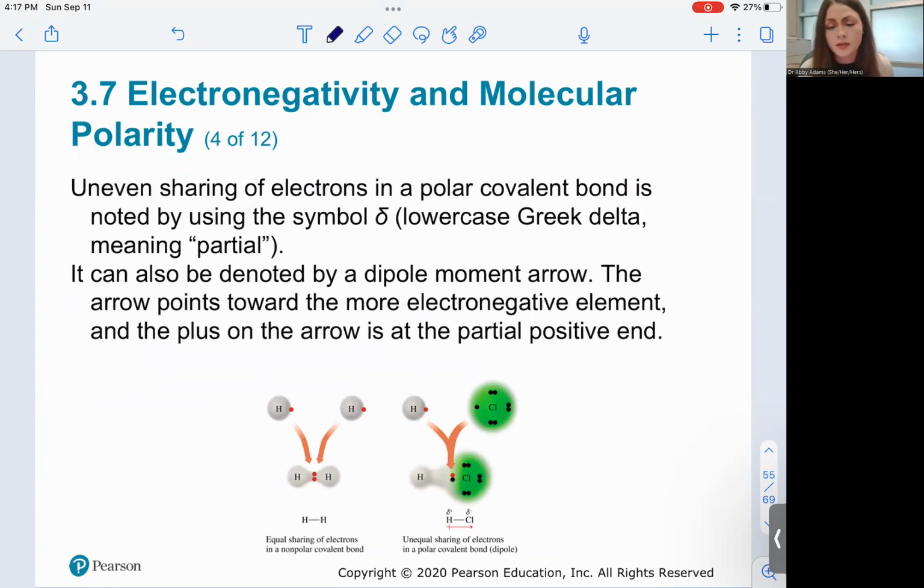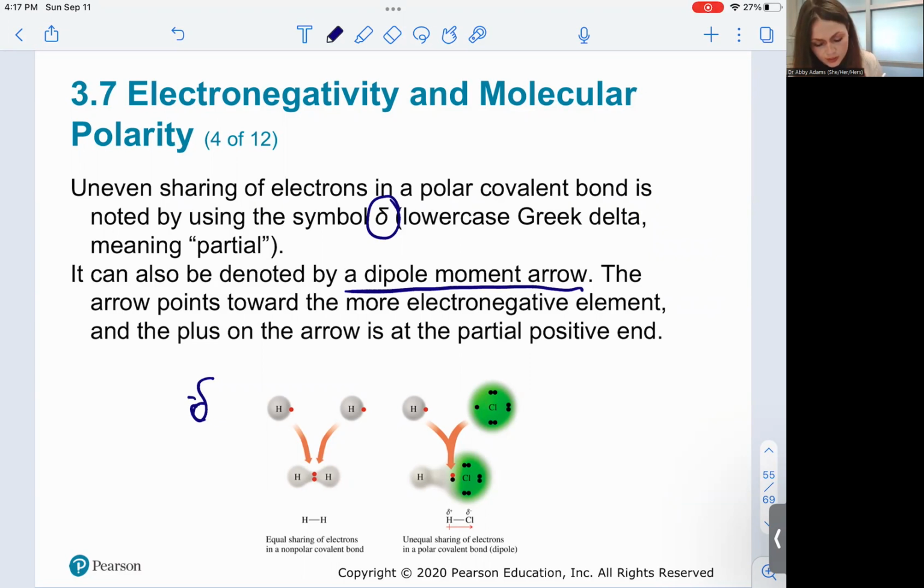So uneven sharing of electrons in a polar bond can be shown by the Greek letter delta. It's not the easiest letter to draw, but you can get some practice. It can also be noted by a dipole arrow. These are going to indicate partial negative and positive charges because of the way those electrons are shared.